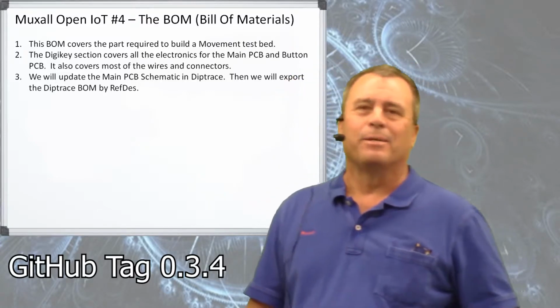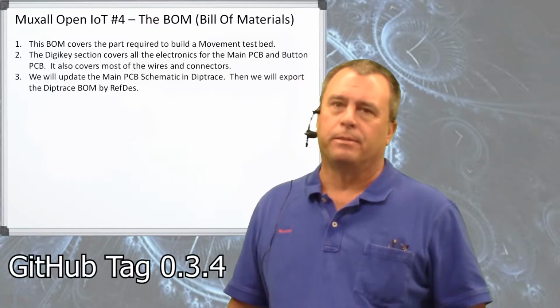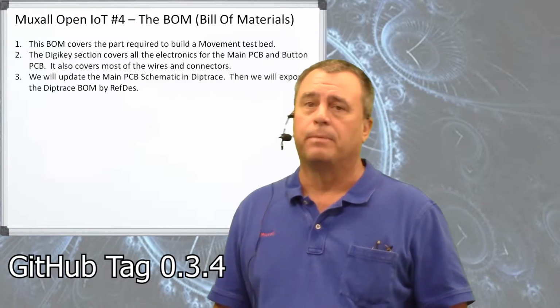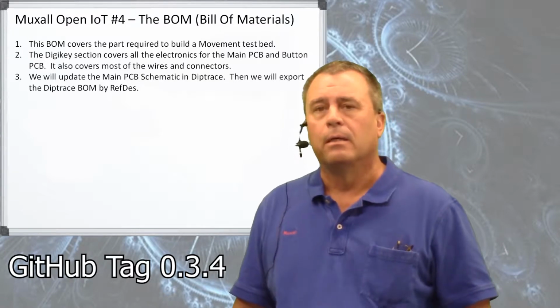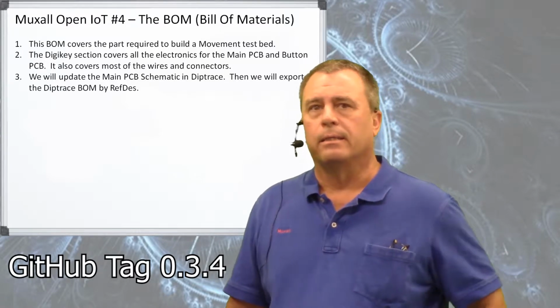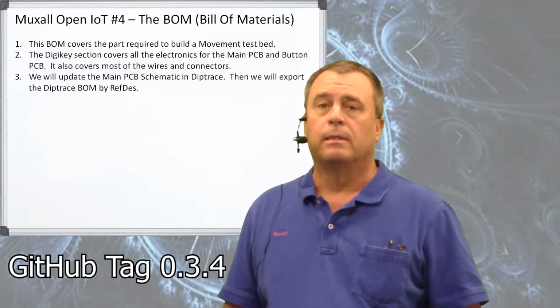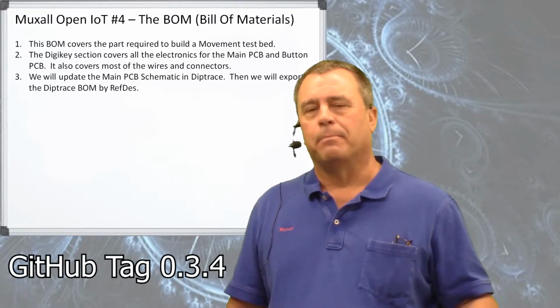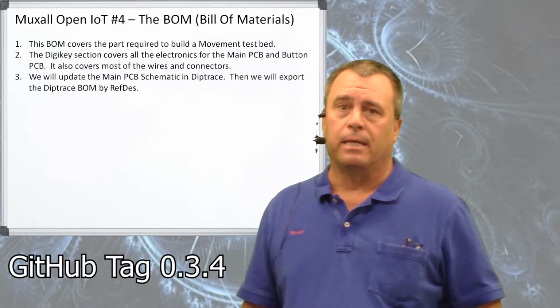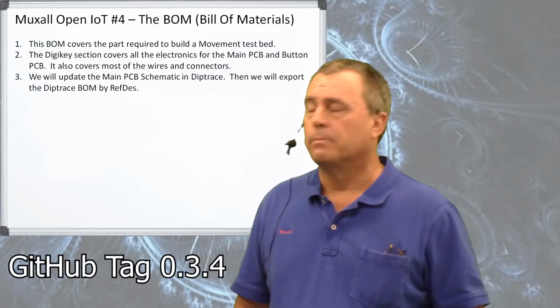This isn't going to be a DipTrace tutorial, because I'm sure there are a lot of people out there using different design packages. So I'm not going to go into the nuts and bolts of how to use DipTrace. I'm sure all the electronics design packages have the ability to export a bill of materials from the schematic.